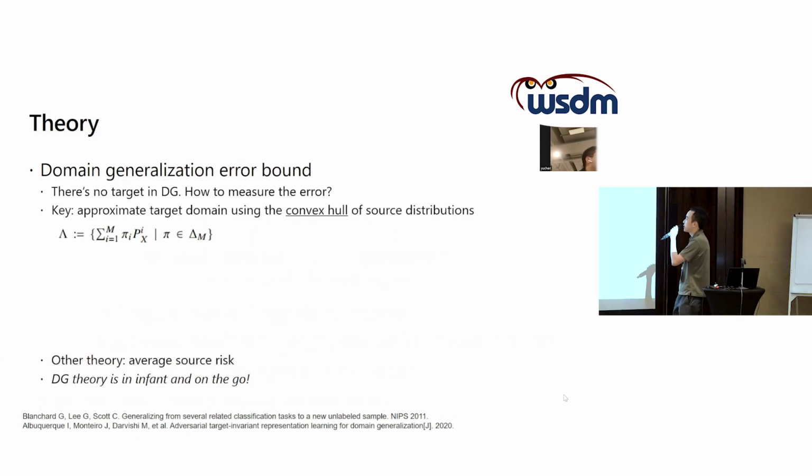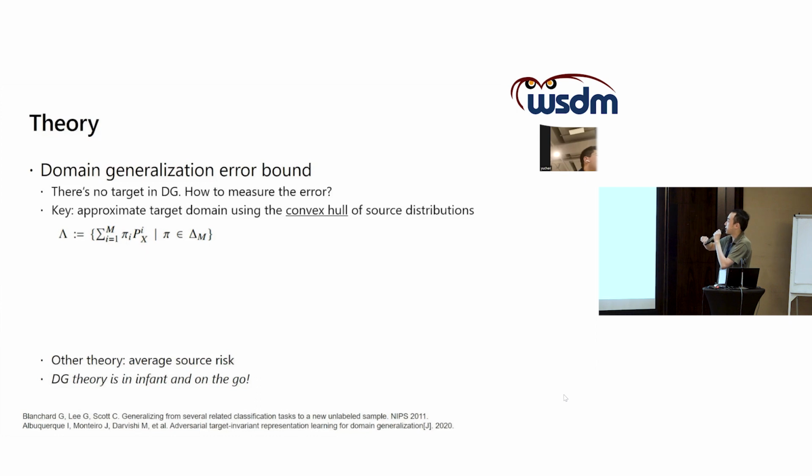Of course, one intuitive idea is, since we don't have the target domain, why not just generate one? After generating this target domain, we can apply the theoretical analysis in a similar way compared with domain adaptation. So that's one direction.